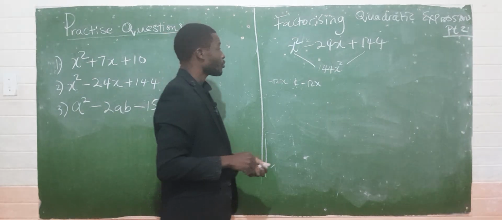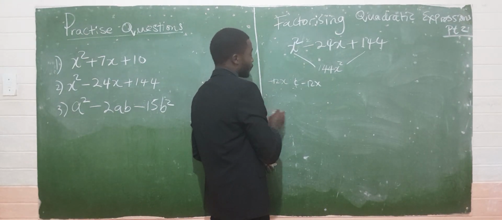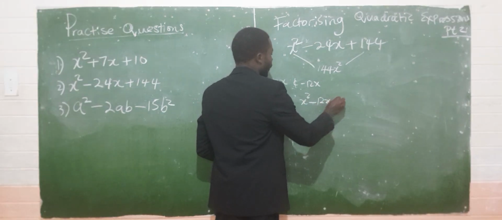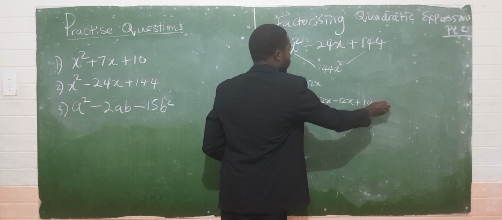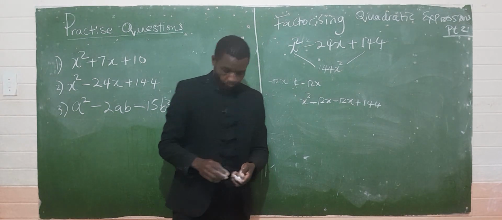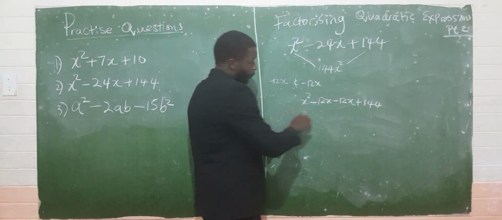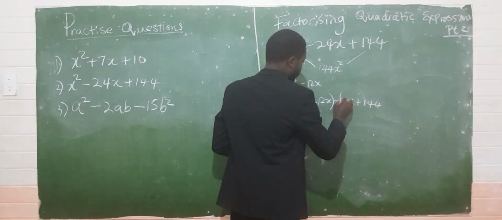Therefore, instead of me writing negative 24x, I'll write it in terms of these. That means I have x squared minus 12x minus 12x plus 144. Now that I have these four terms, I can group and have these pairs.